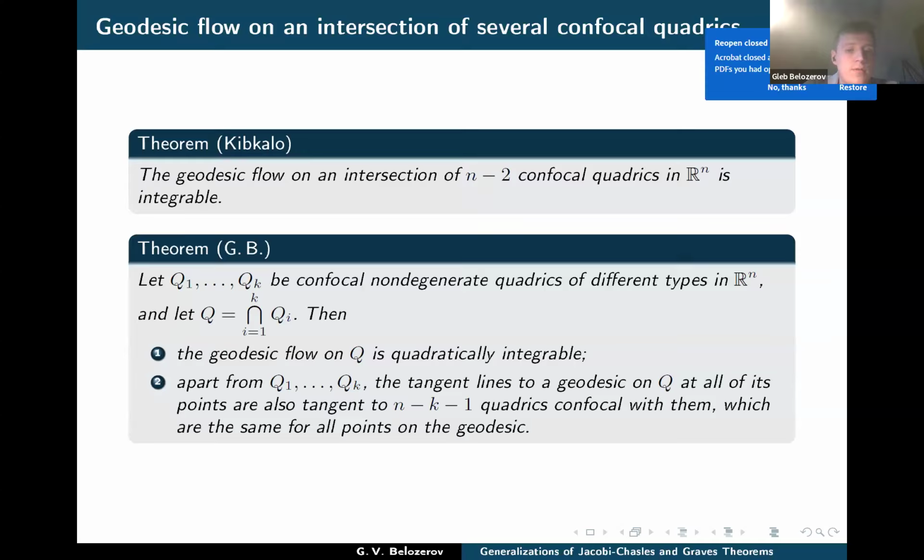Then the geodesic flow on Q is quadratically integrable. Apart from Q1, ..., Qk, the tangent lines to a geodesic on Q at all of its points are also tangent to n-k-1 quadrics confocal with them, which are the same for all points on the geodesic.